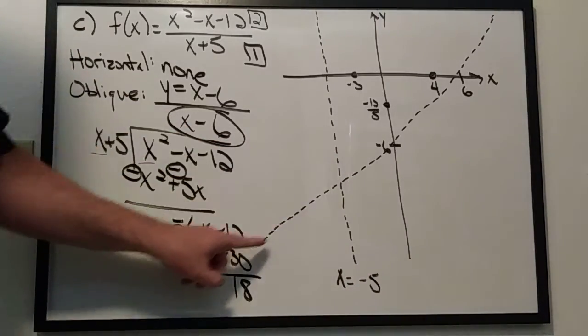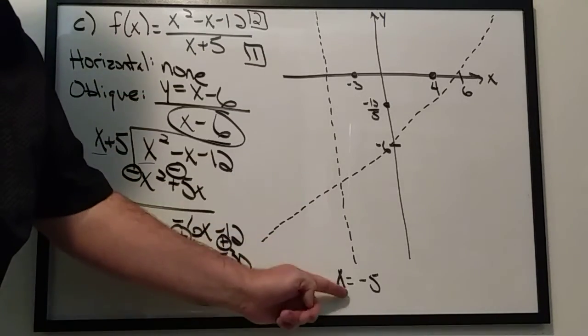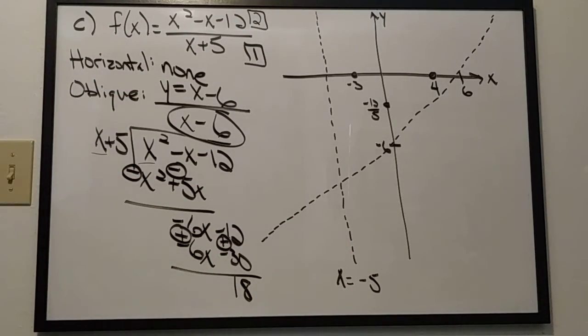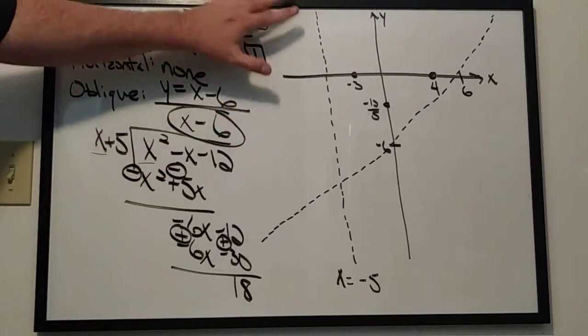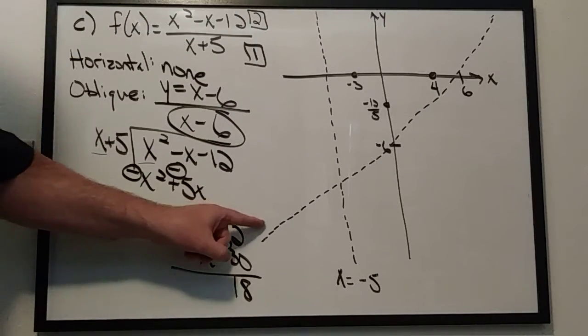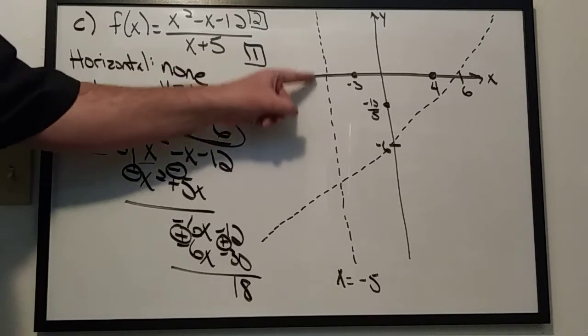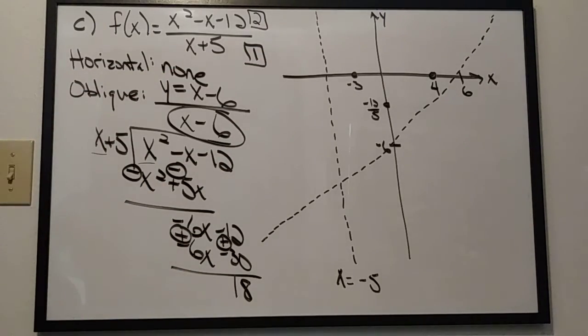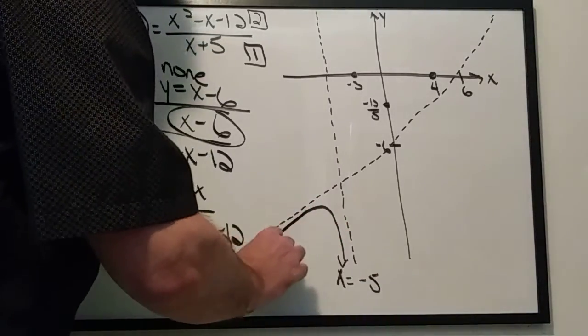It has to approach the oblique asymptote of y equals x minus 6, and it also has to approach this vertical asymptote of x equals negative 5. But once again, you have to see what isn't happening here as well. We don't have any x-intercepts, so we wouldn't go swooping up forever like this, because that would end up meaning that we would have another x-intercept in a place that we don't. So the only way that we can actually approach these two asymptotes and stay below the x-axis is to have a graph that looks something like that.